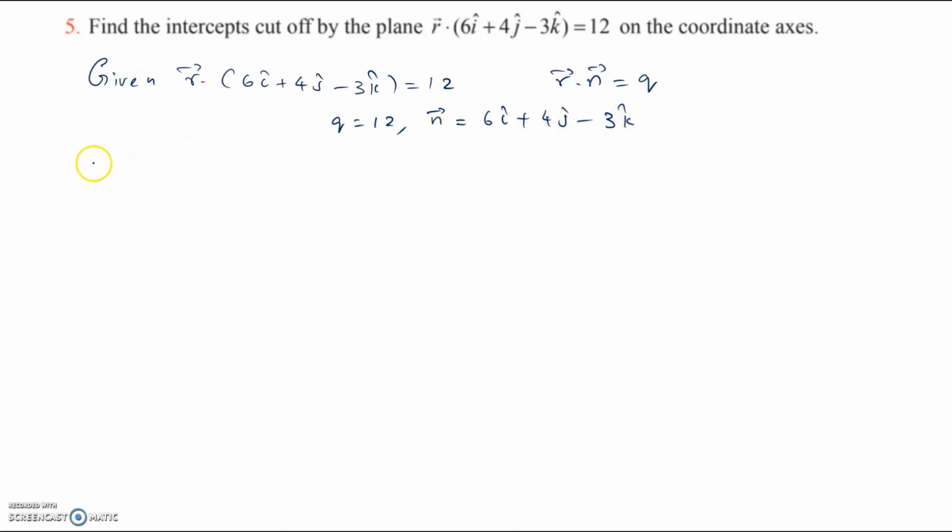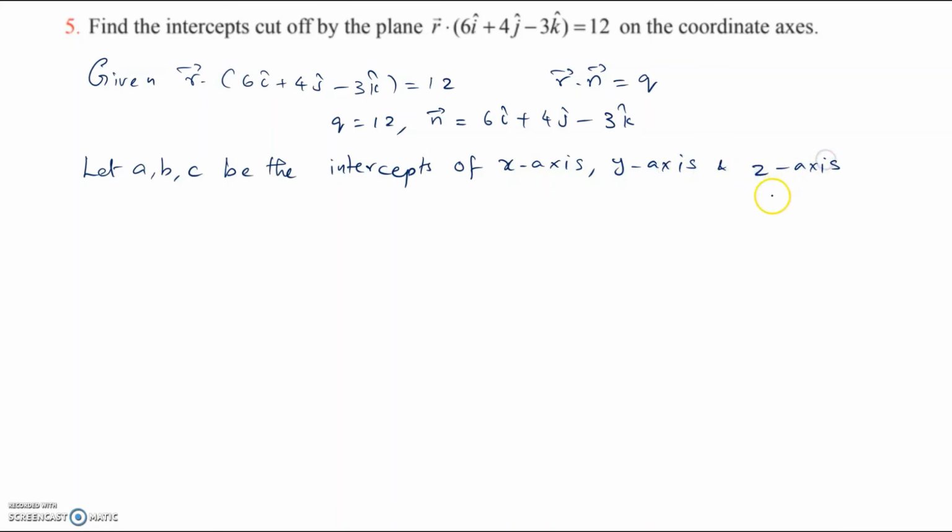So let A, B, C be the intercepts of the x-axis, y-axis and z-axis respectively. Then q by A, which is this divided by the intercept, will be equal to the number 6 here.